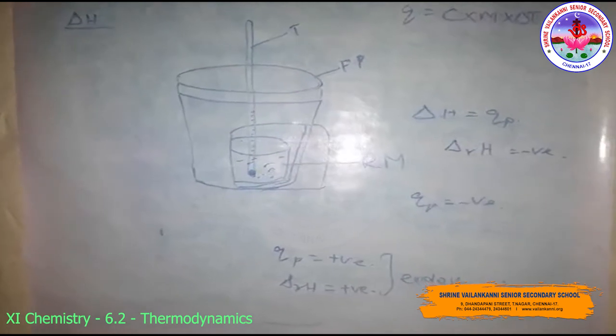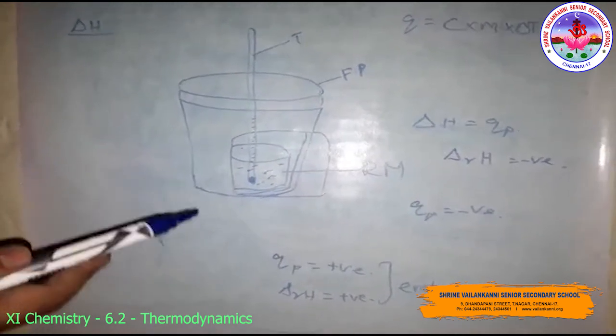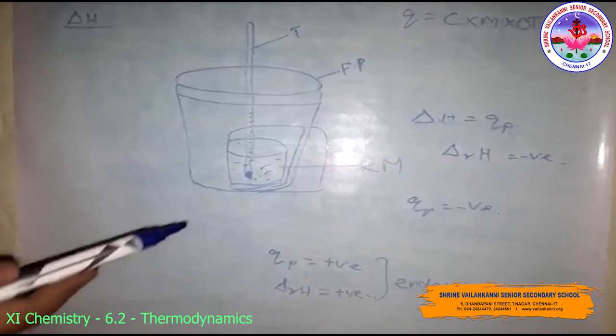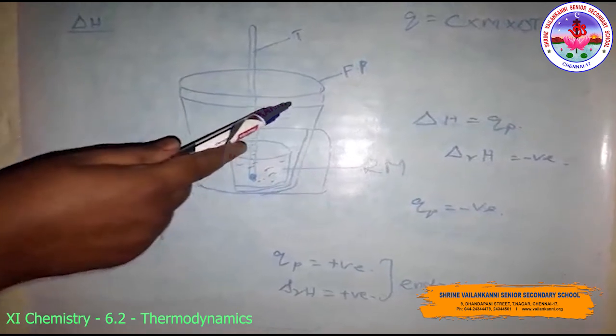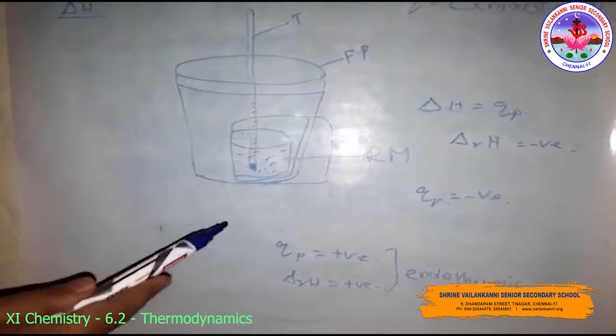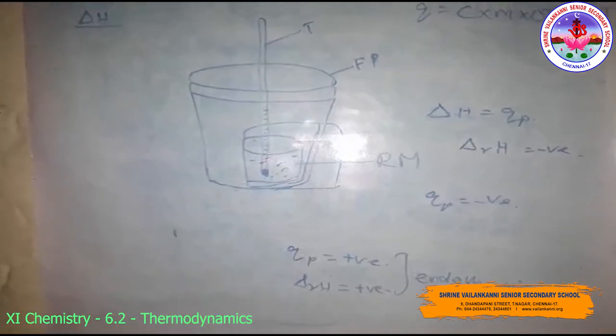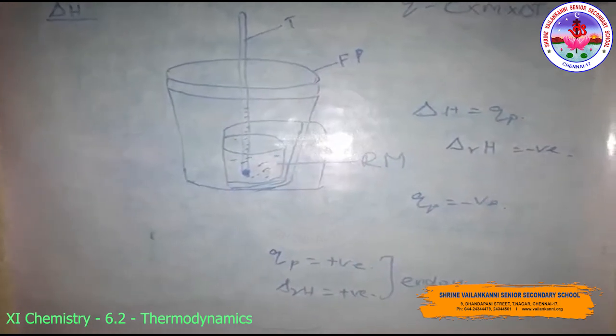And this is the calorimeter for measuring heat changes at constant pressure, that is the atmospheric pressure. This is the thermometer, this is the foamed polystyrene cup, and this is the reaction mixture. In the next class we will discuss the enthalpy change of a reaction.